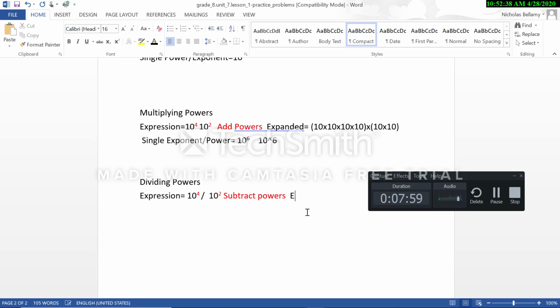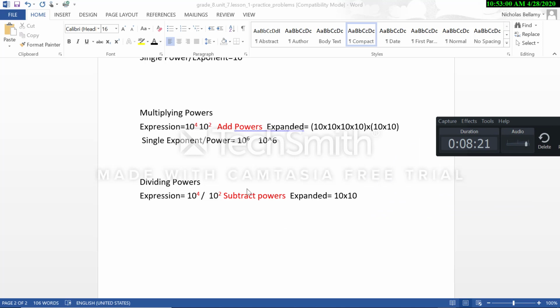And then my expanded form. And then my single power is going to be equal to 10 to the 2nd power.